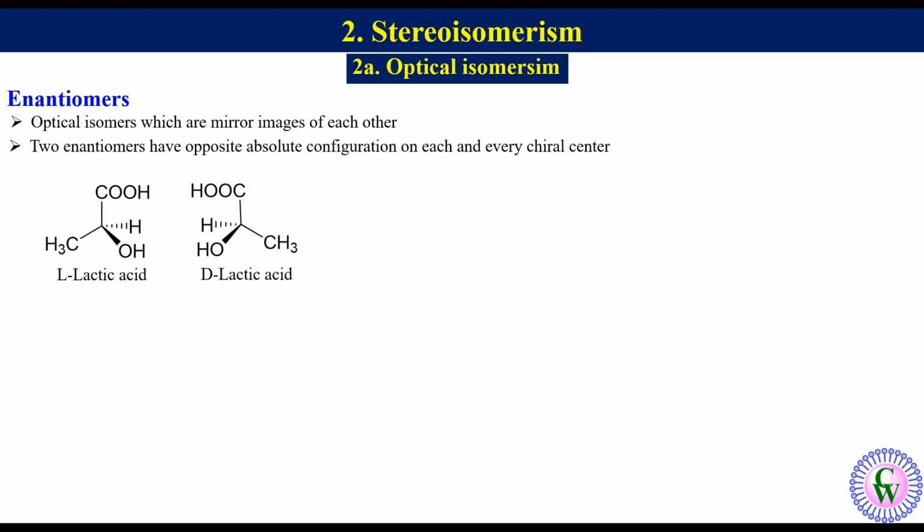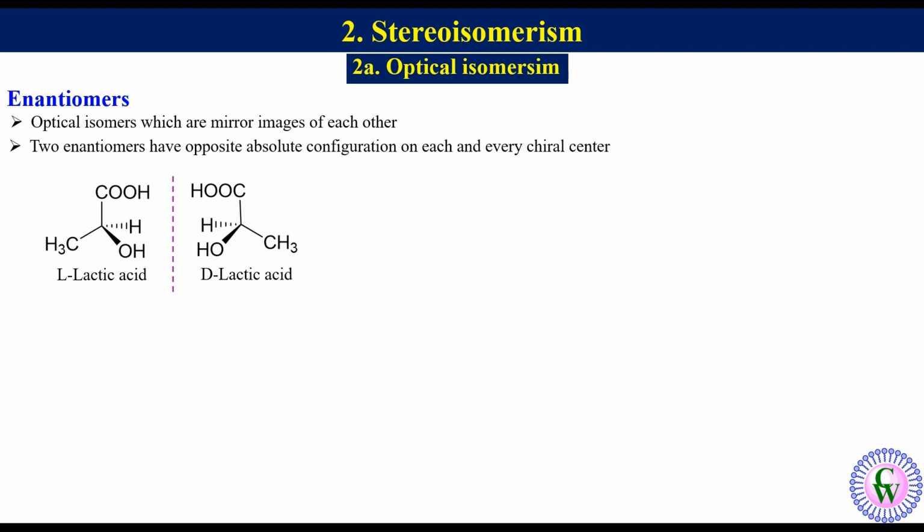They have the same molecular formula, same connectivity of atoms and groups, but rotate the plane of plane polarized light equal in magnitude but opposite in direction. So they are optical isomers. We can see here that they are mirror images of each other.